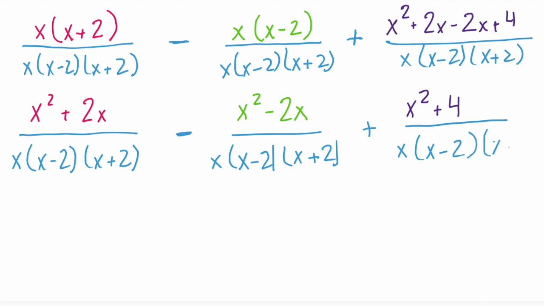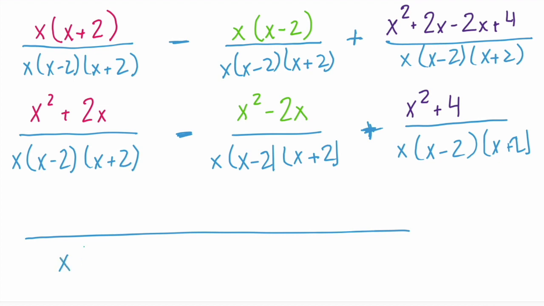Okay, so now what we need to do is actually do these operations, adding and subtracting the fractions together. And to do that, we're going to end up with just one denominator and one large fraction that we're eventually going to simplify. So let's just work from left to right. We start with x squared plus 2x.